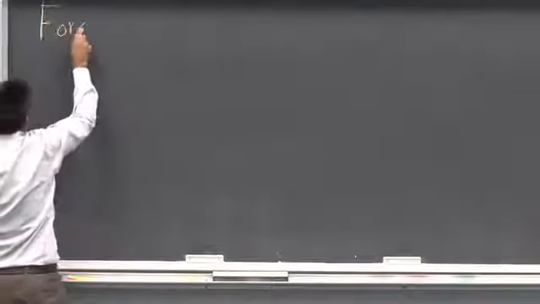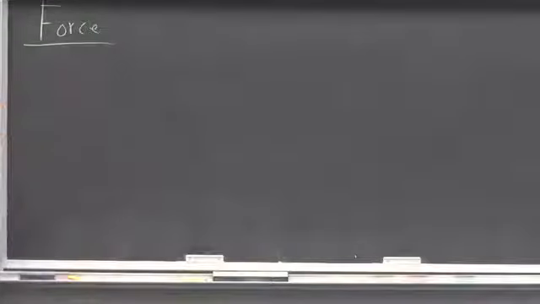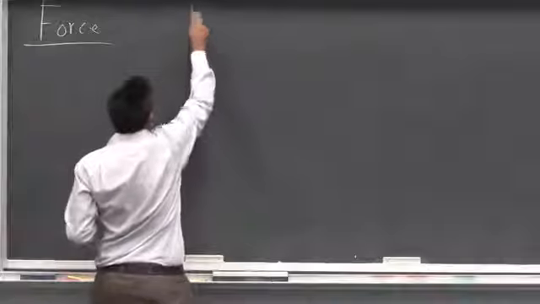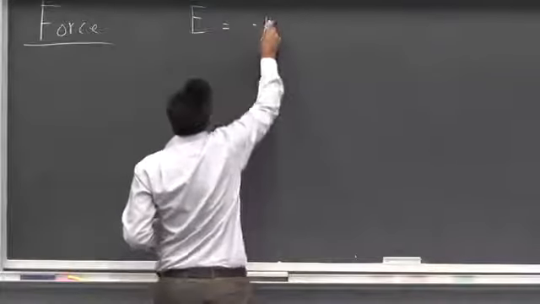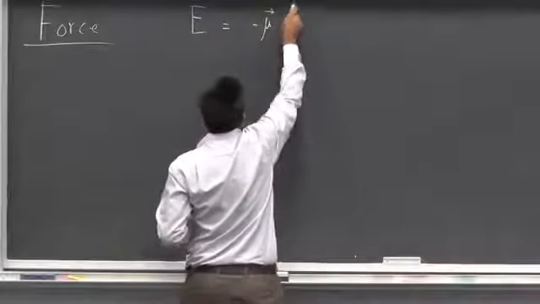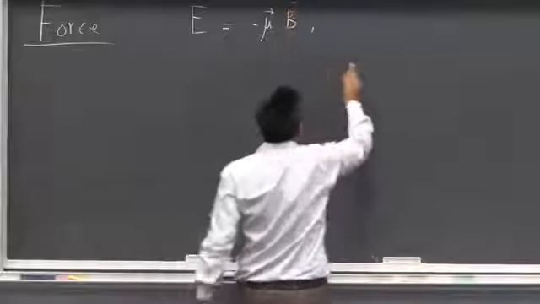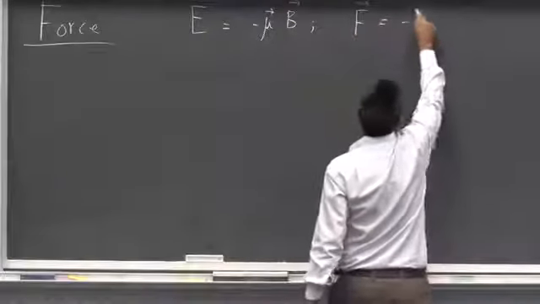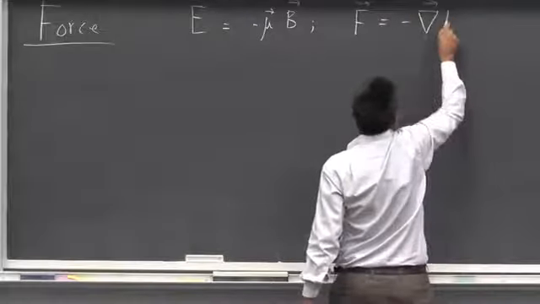However, let's now talk about the second aspect, which I promised. The force on a dipole when placed inside a magnetic field. So we know that the energy E is given by minus mu dotted with B, and forces in general are given by the negative of the gradient of the energy.